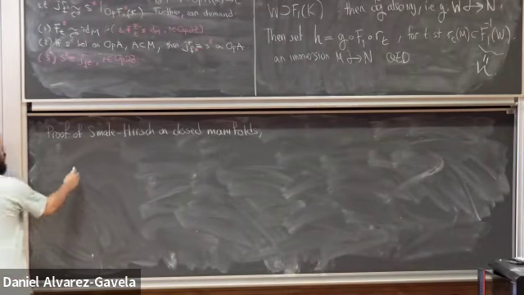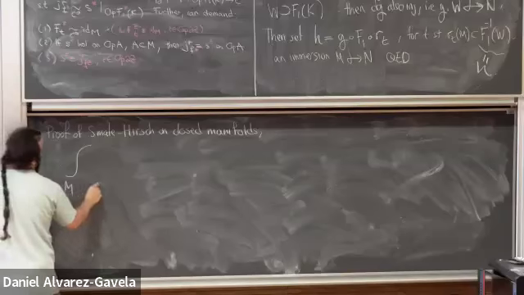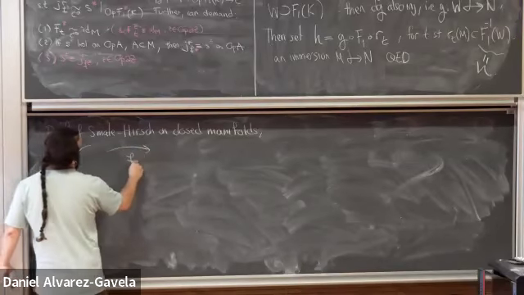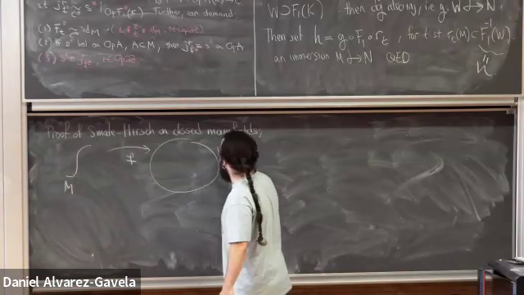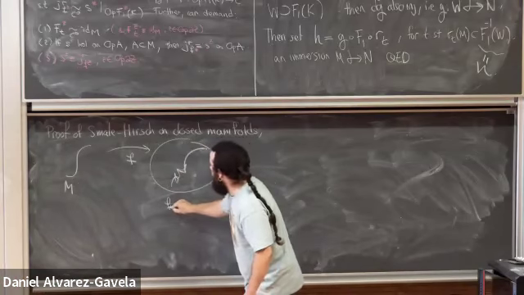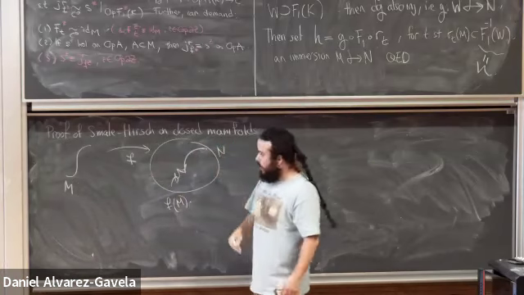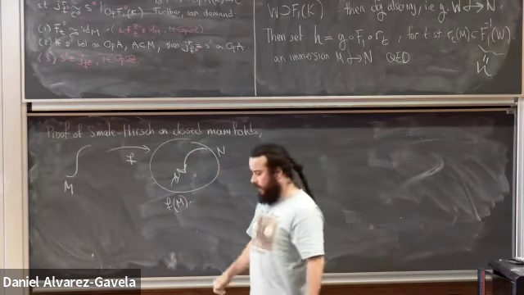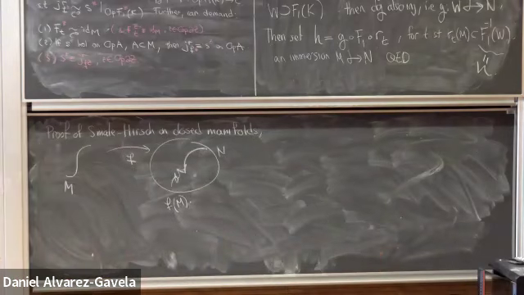So now I have M. I have some smooth map f into N, and the image could be terrible, right? Because I'm not assuming anything about f. But what I am assuming is that I have a covering F, a capital F, that is fiberwise injective.